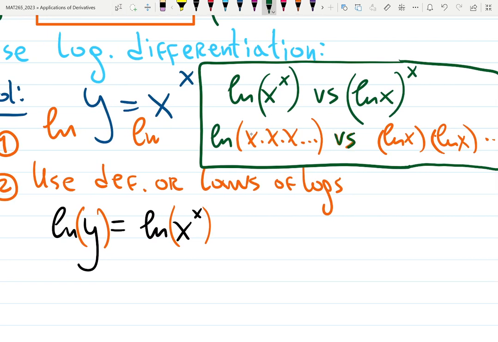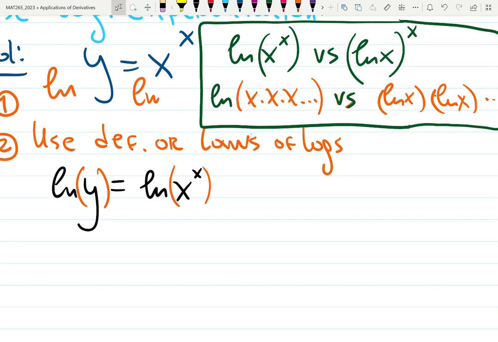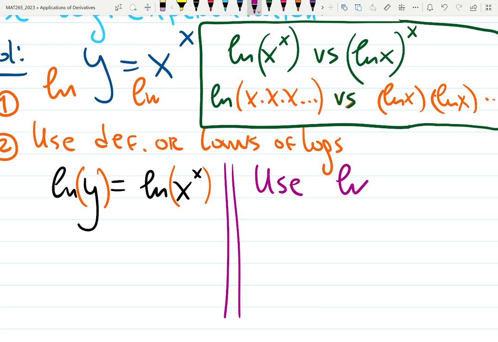So not only is that important, but also properties are important. The property for the exponent inside of the log works only on the input. So I want to use the laws of log that says ln of x to the a equals a ln x. This only works when a is on top of the input.